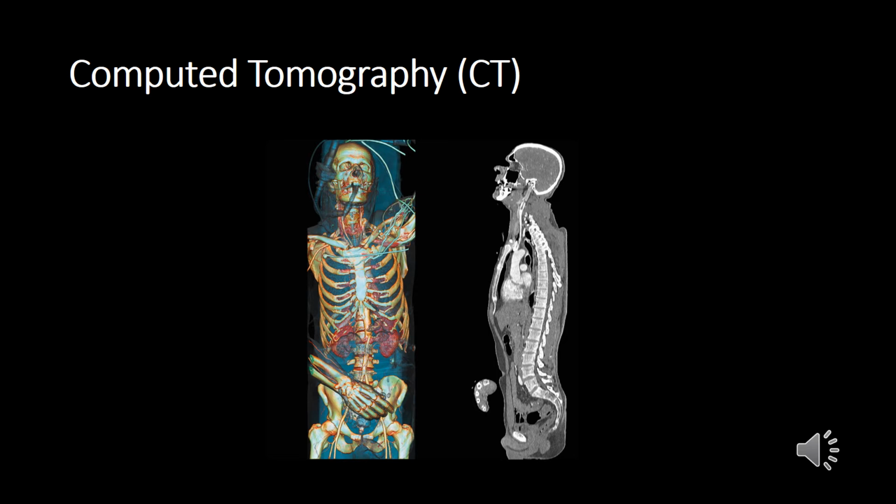CT is often used for imaging trauma patients because it can get very fast pictures of anatomy and pathology. Sometimes we can use contrast media in CT to better visualize anatomy like tumors. So contrast can be administered via an IV, through the GI tract, through an enema or oral intake, just depending on what anatomy and pathology we're trying to visualize.